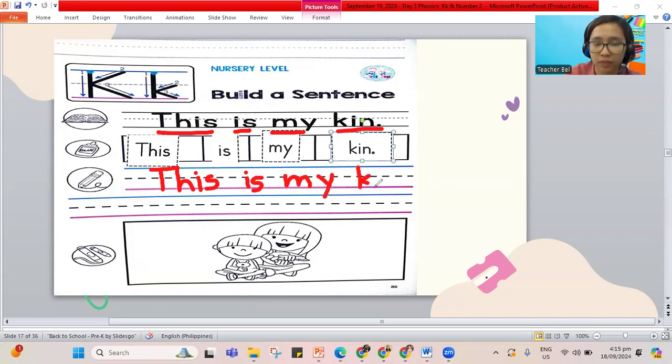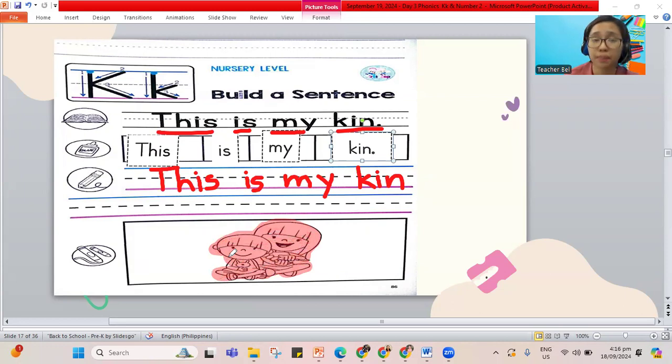K-I-N. And you have to also color the picture at the bottom. Remember, if teacher is too fast in this work, you can pause the video, play it once you are done, okay?